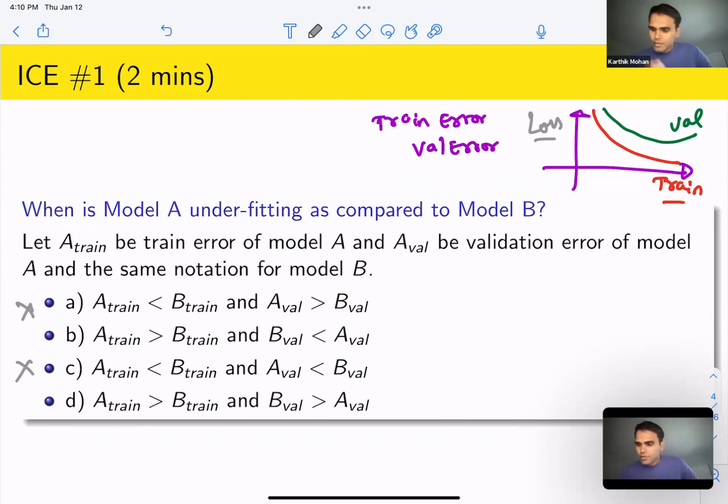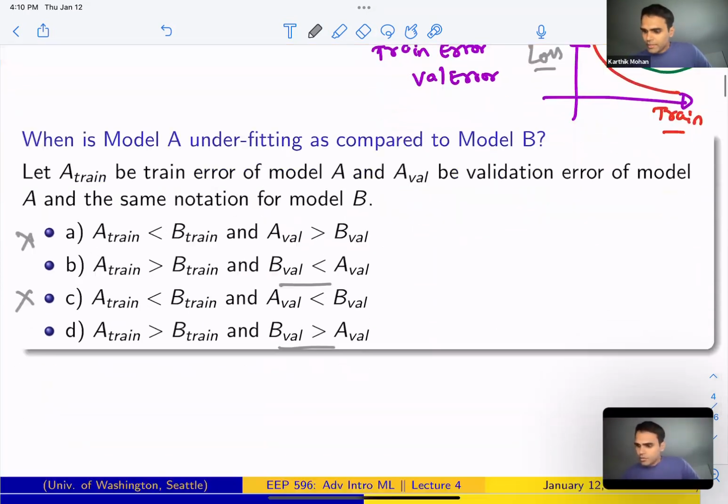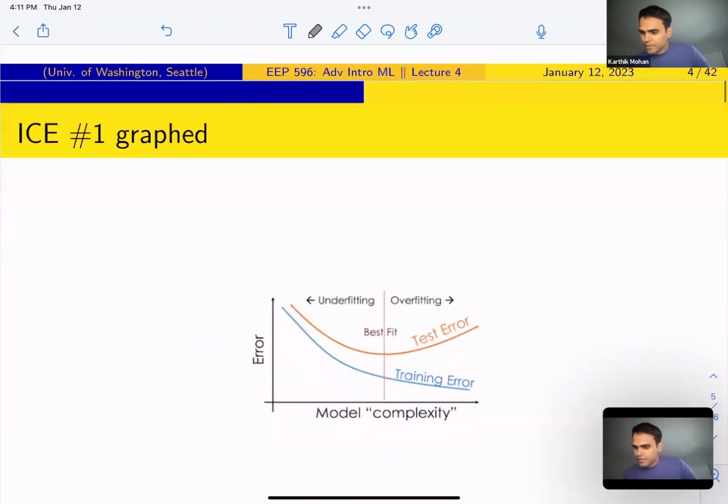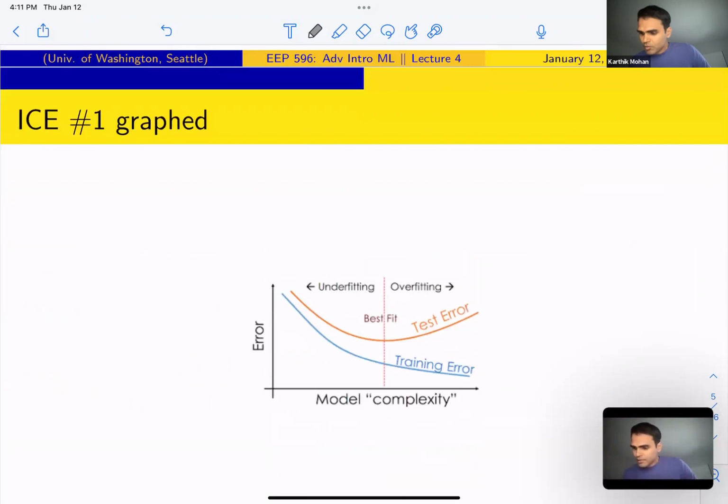Now it's a matter of understanding the validation. Is your validation error for B going to be less than for A, or greater than for A? I think you can graph it to understand it better. So let's say this is model complexity. Model A is underfitting, so this is the regime of underfitting.